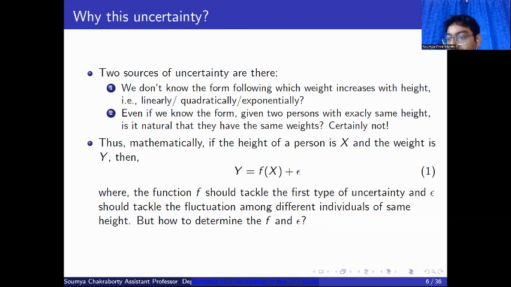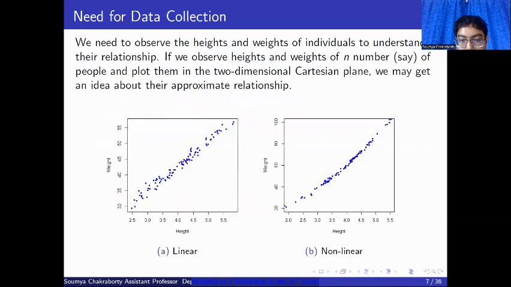Then how can we guess the more or less correct relationship between height and weight? For this, we need to observe data. So just consider these two scatter plots. This is the first scenario where height and weight are almost linearly related.